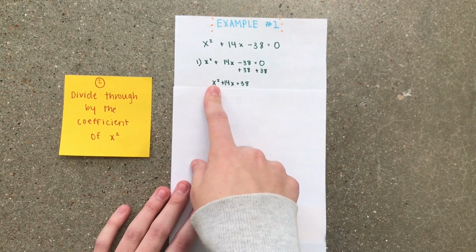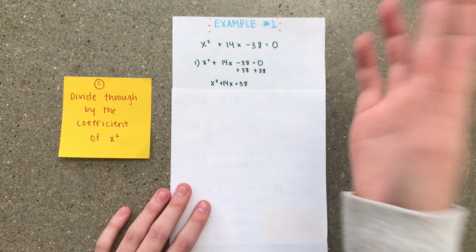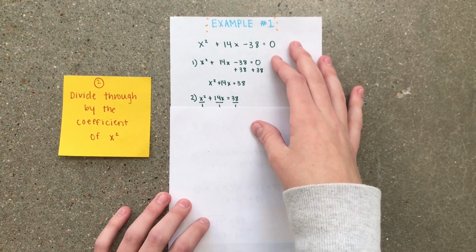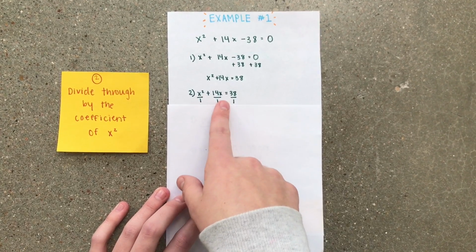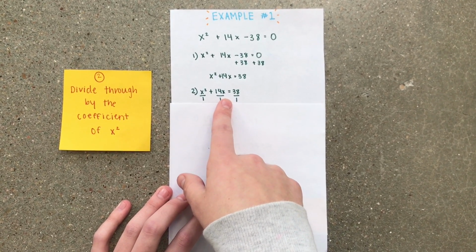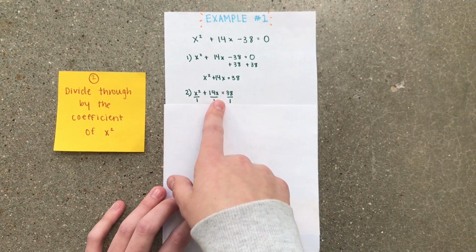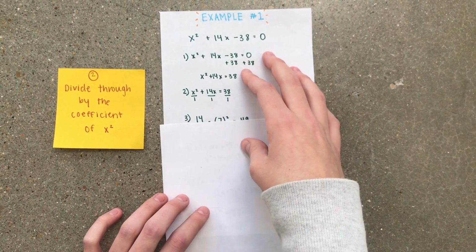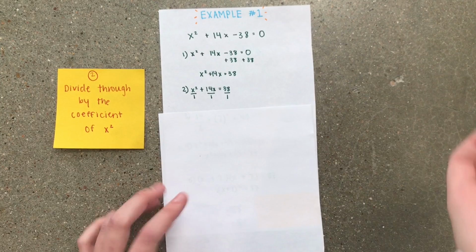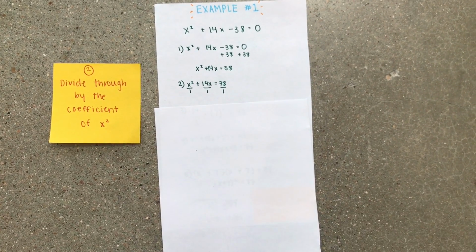The coefficient of x squared here is obviously 1, so we're going to divide each term by 1, and that'll give us just x squared plus 14x equals 38.